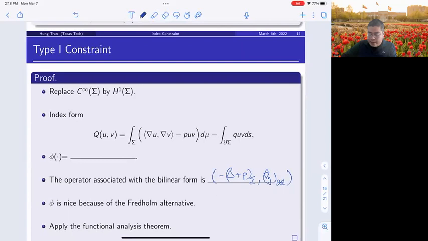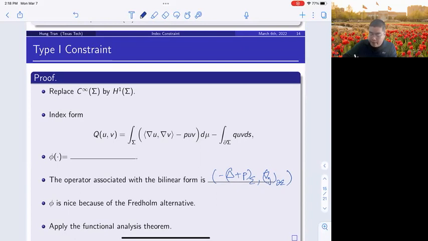On the other hand, the constraint here is that the integration of u over sigma must be equal to 0. So this constraint can be interpreted as a linear functional in the following way.